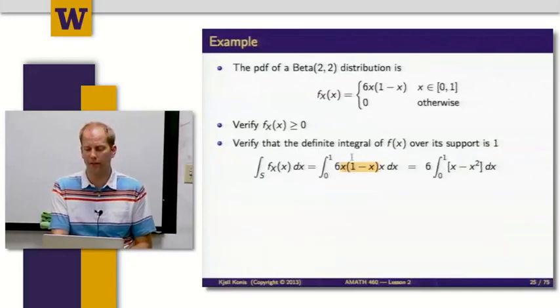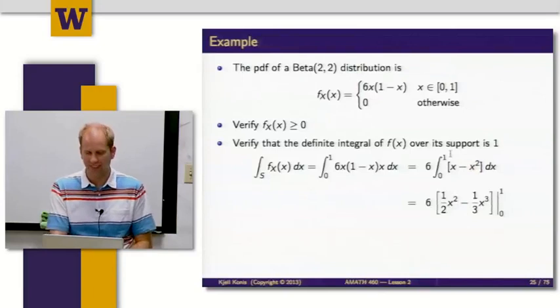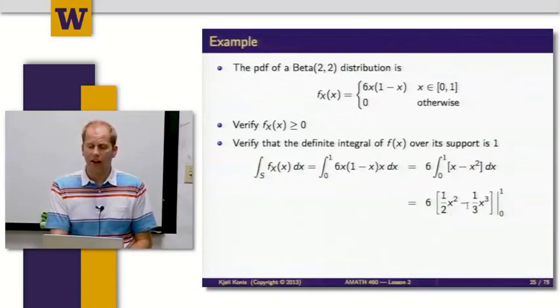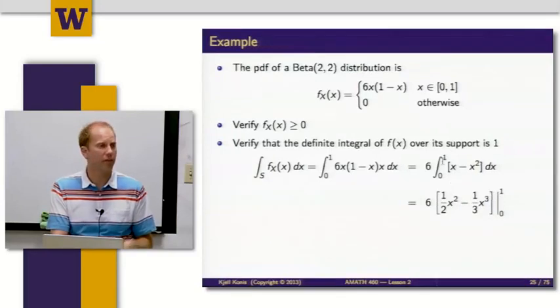So I have x times 1 gives me x, and then x times x gives me the x squared here. And then I can calculate the antiderivative of that, just using my anti-power rule on each term. So the first one came from 1/2 x squared, and the second term came from 1/3 x cubed.